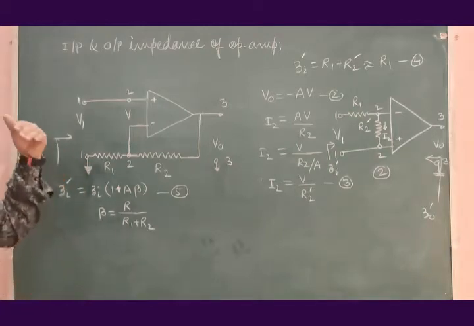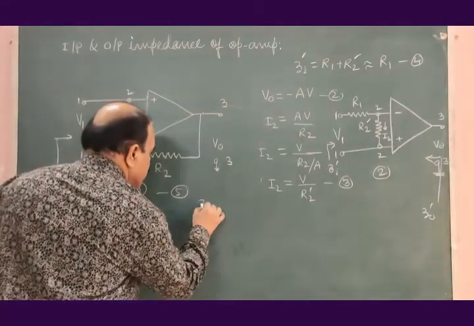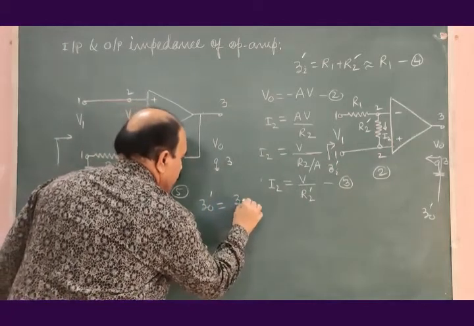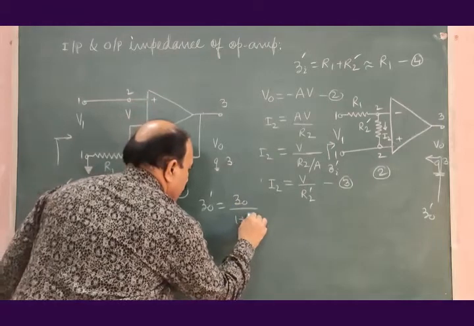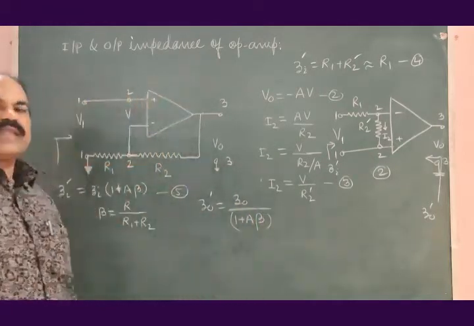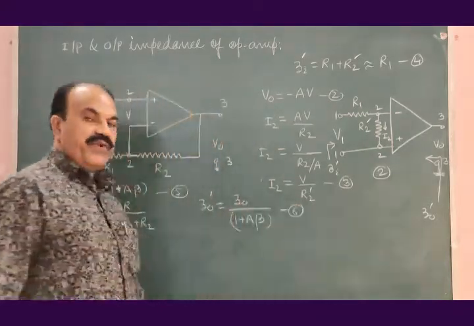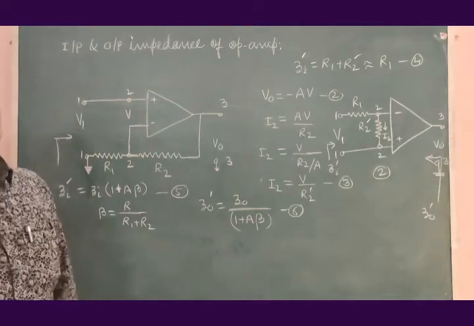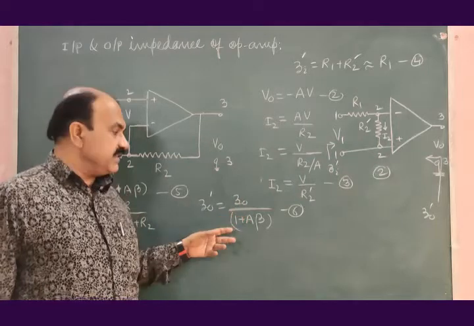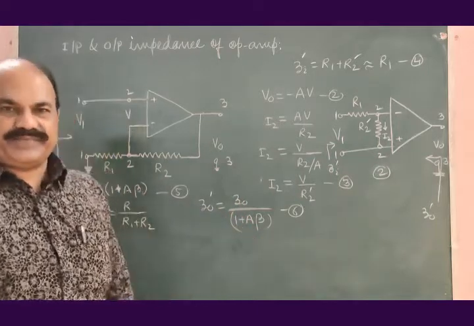For output impedance, we can use the same figure that we have drawn, and the output impedance in this case will be Z0 dash is equal to Z0 divided by 1 plus A beta. It's equation number 6. If we observe equation 6, we find that the original value of Z0 without feedback is decreased by 1 plus A beta times.